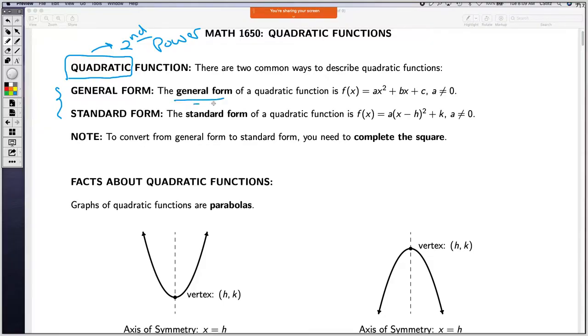There's the general form: ax squared plus bx plus c, where a is not 0. The specification that a is not 0 means that you actually have an x squared in there. If you don't, then it's either a linear function or a constant function.